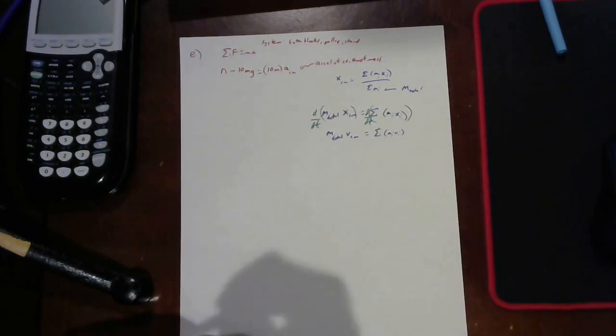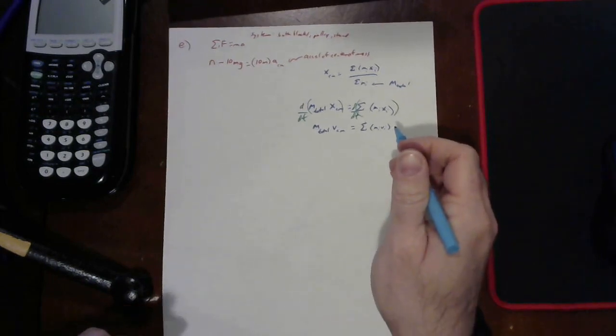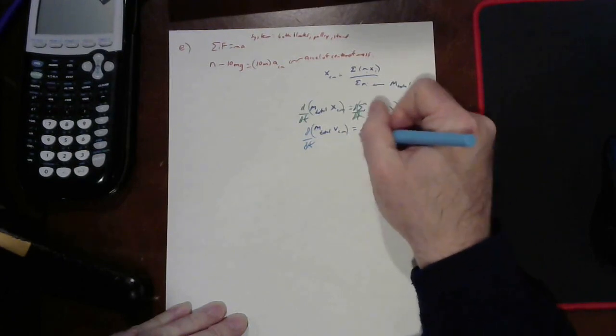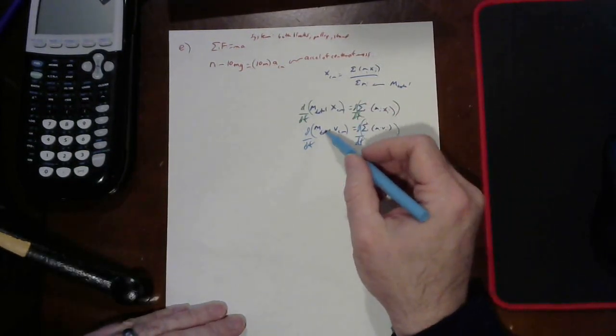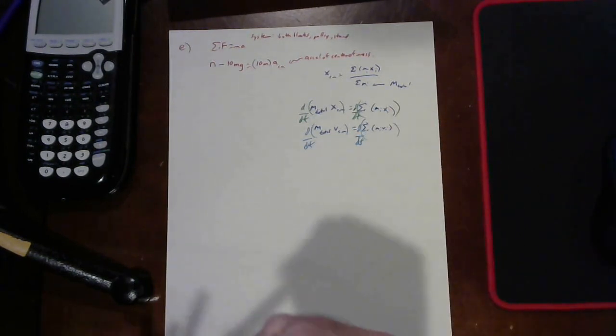I'm going to take the derivative again. All right, so if I do a d dt of this guy and a d dt of this guy. Again, mass is constant, it kicks out. The derivative of the velocity with respect to time, that's just the acceleration of the center of mass.